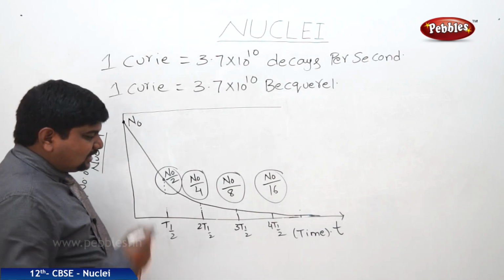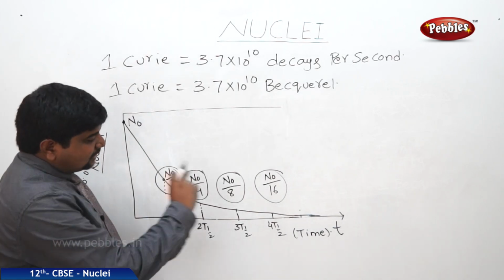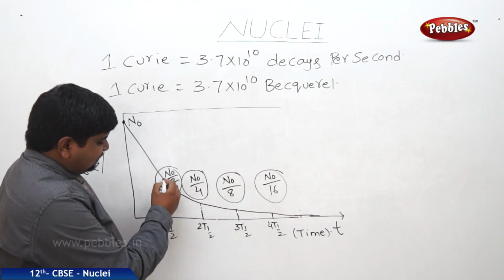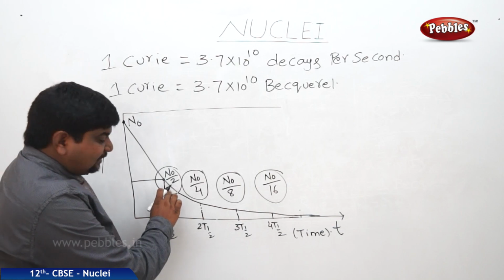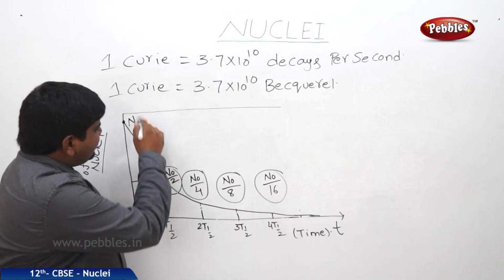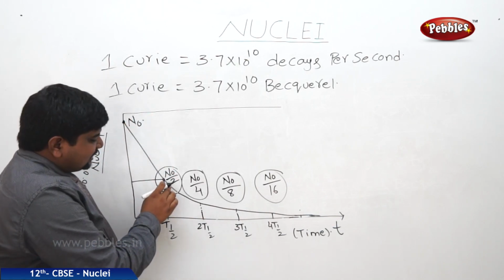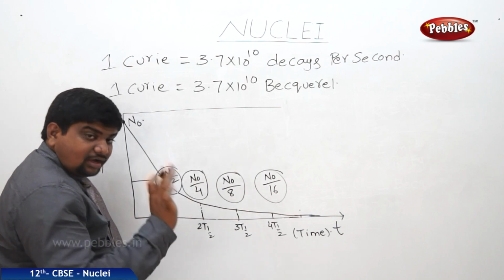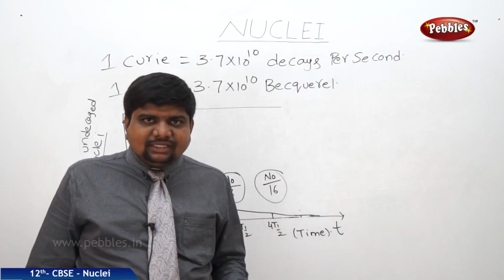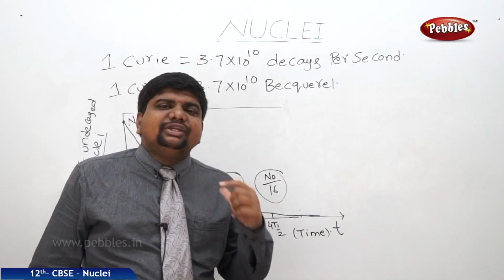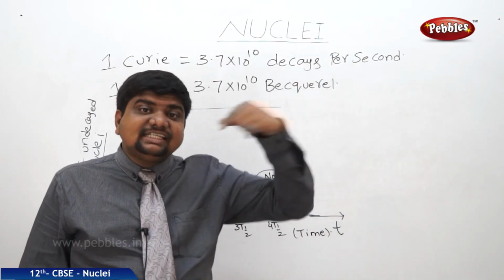So from this graph we can find one definition for the radioactive samples. What is the definition? The time taken to reduce the initial sample to exactly its half is called half-life. That means there is a time for every nuclide in which that nuclide becomes half of its initial state.